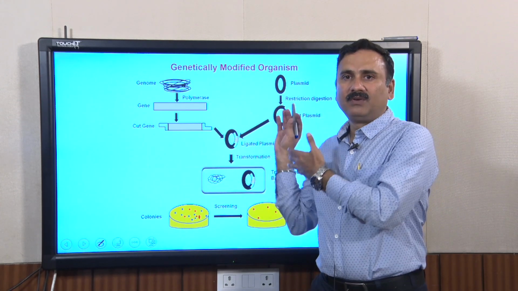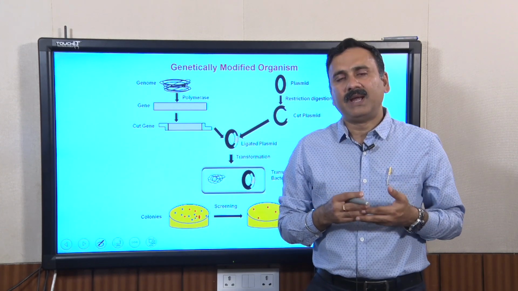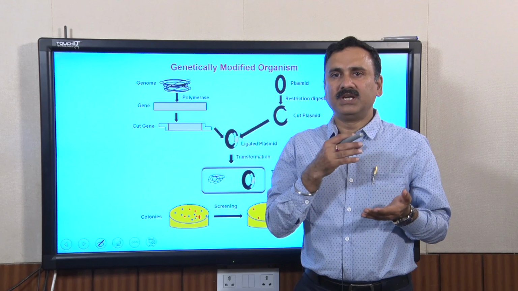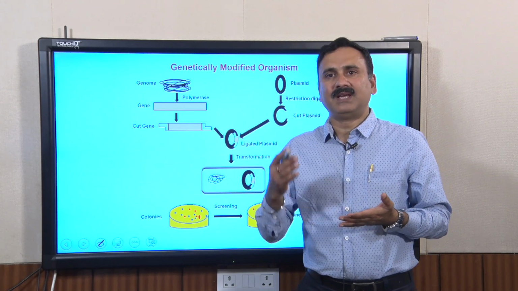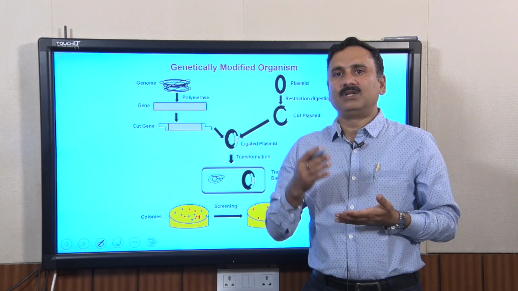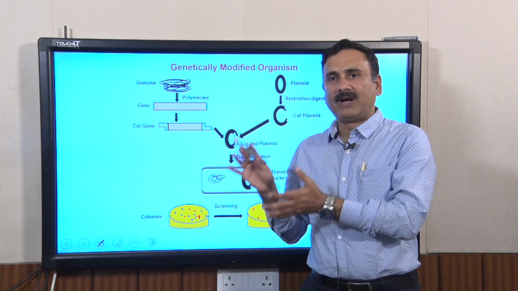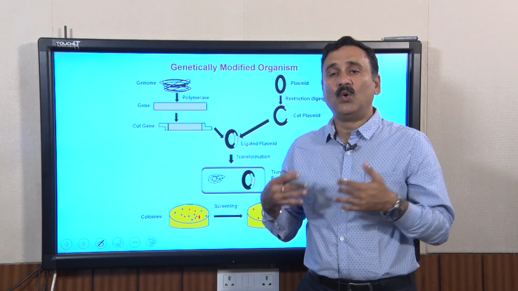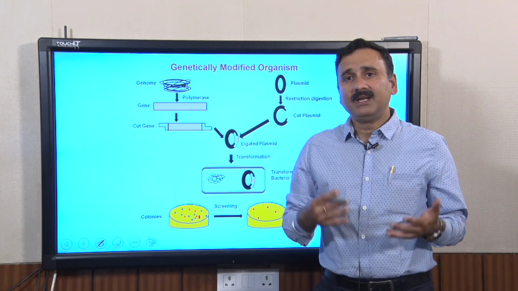In the case of transforming agents, we have discussed the different features of different types of vectors which people are using in the bacterial expression system, eukaryotic expression systems such as yeast and mammalian systems, the bacteriophage, as well as the baculovirus based systems to overexpress or to generate genetically modified organisms.